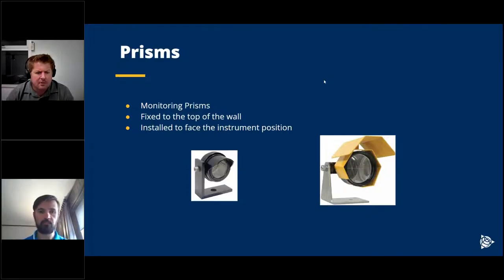They are fixed on top of the wall, and installed to face the instrument position. We have not installed any on the face of the dam wall, because it's quite difficult to get to. You have to abseil and such. So at the moment, we're just concentrating at the top of the wall.